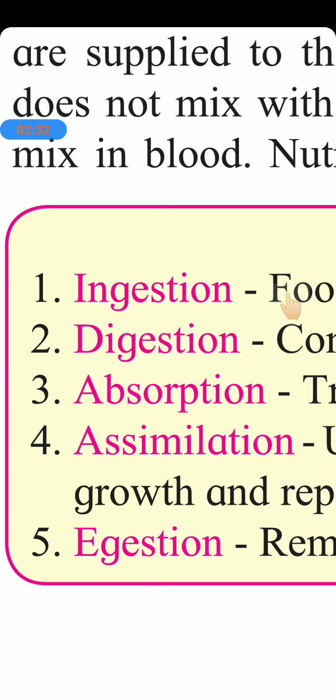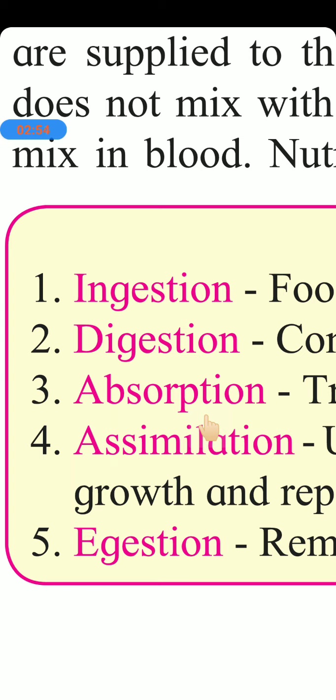From the mouth, we will consume the food and it will be taken into the body. Second step is digestion. In the digestion process, the food is converted into a simple soluble form by the different enzymes.